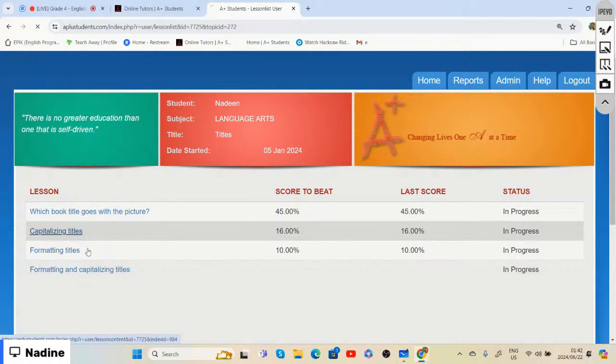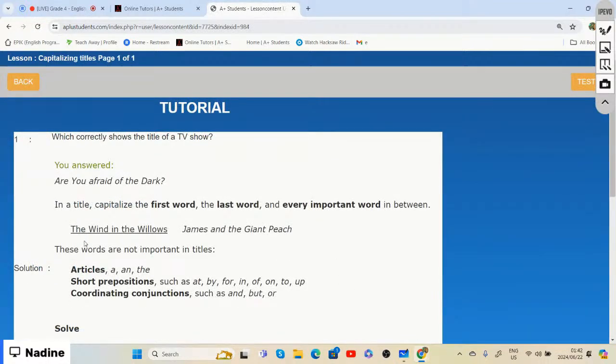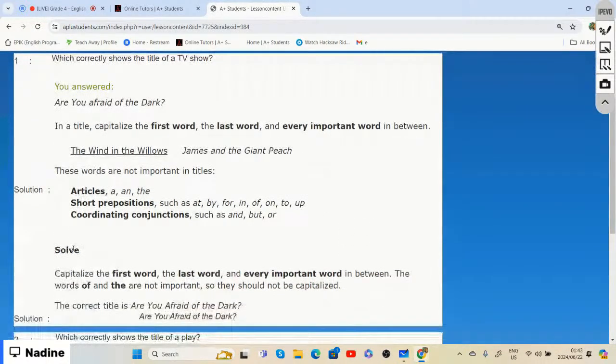Option one is correct. Now we're going to be capitalizing titles before we end our lesson. Remember, we said in a title, we capitalize the first word, the last word, and every important word in between, right? And we said words that are not important in titles need to be written with a lowercase.